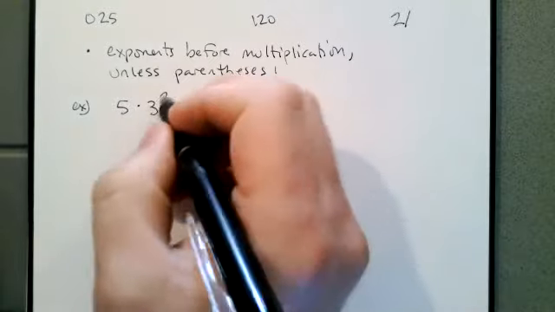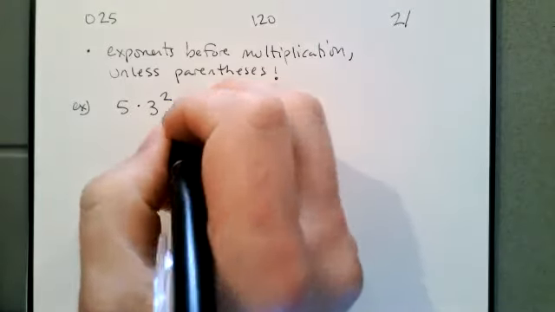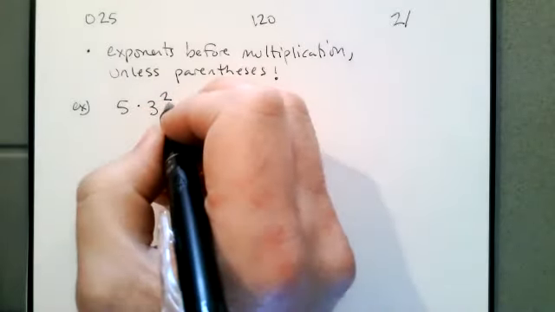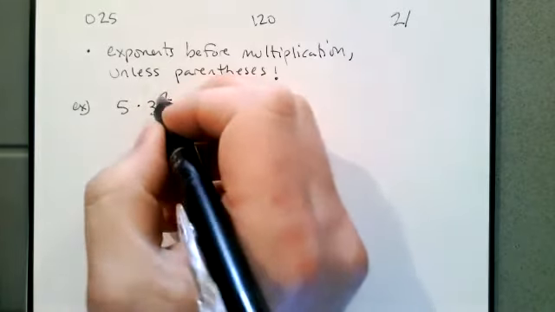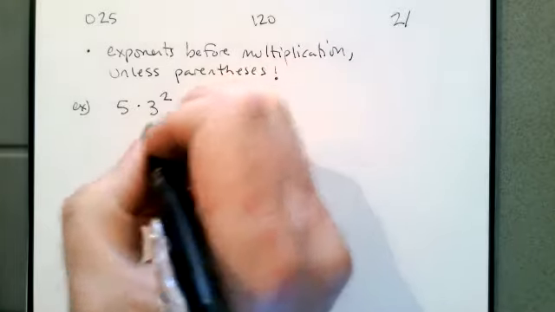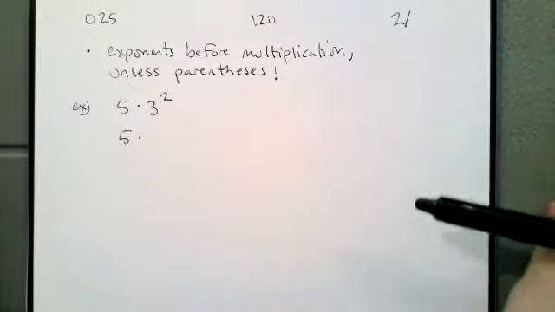If we think about what 3 squared means, 3 squared means 3 times 3. So this is not 5 times 3. It's 5 times 3 times another 3. So the exponents go first. So this is 5 times 9.